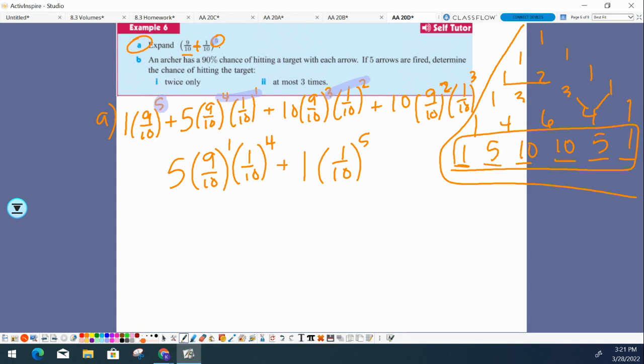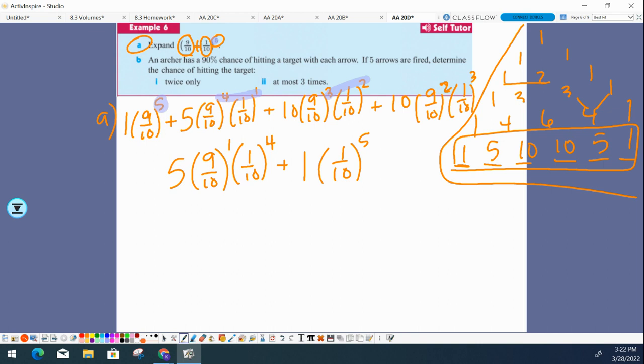All right. We don't have to find the final answer, but let's see how that relates to this word problem. Letter B says an archer has 90% chance of hitting a target with each arrow. So notice that 9/10 represents success 90% of the time. Okay. So the failure, 1/10, is your 10%, you're going to miss it.